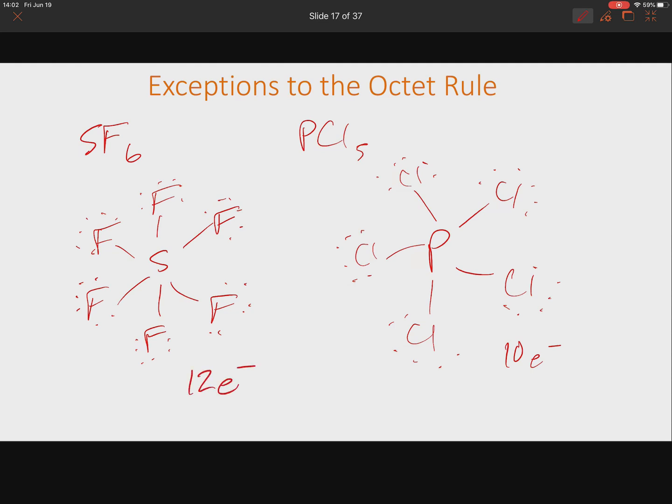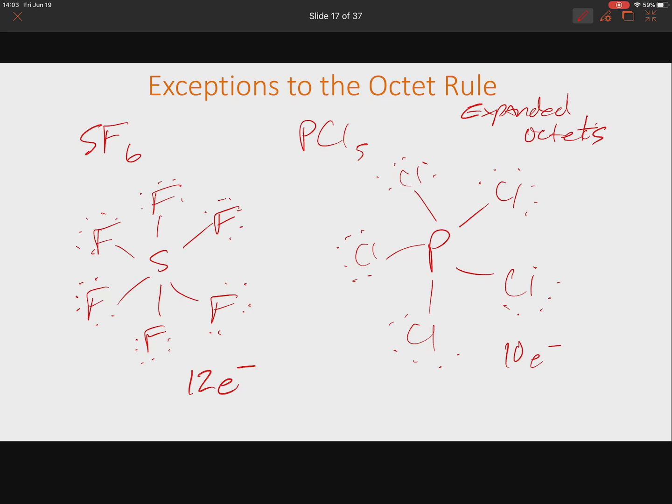So these are what we call expanded octets. And the reason these are allowed is because these elements that are in the third row, the third principal energy level, they have a D subshell that they can stick electrons in, whereas the elements in the first 2 rows don't have those shells available to them.